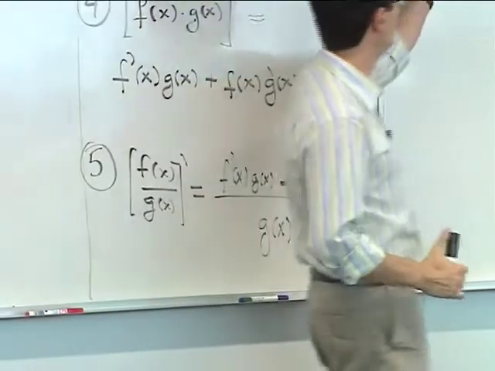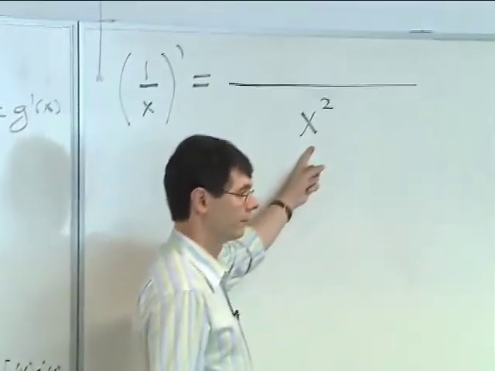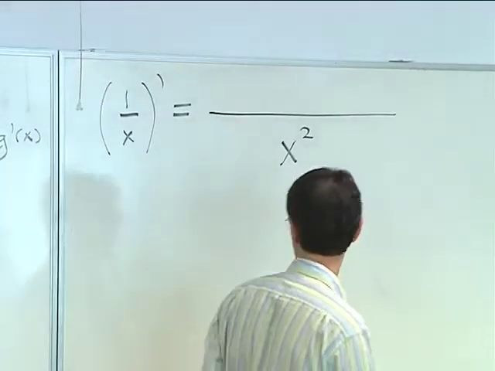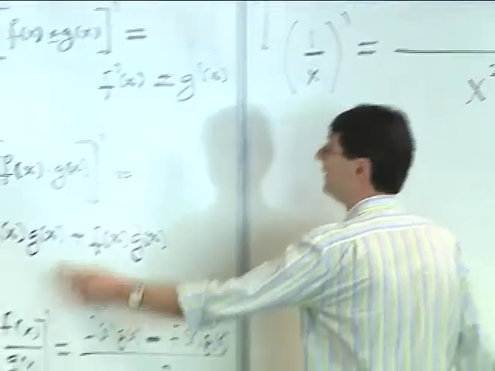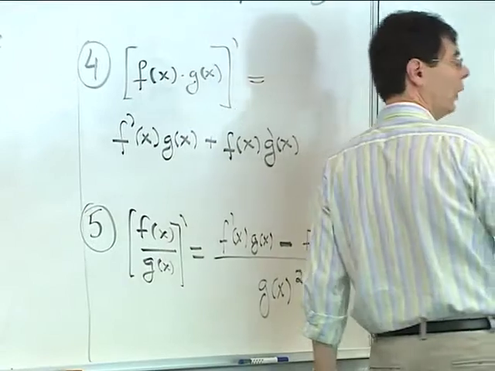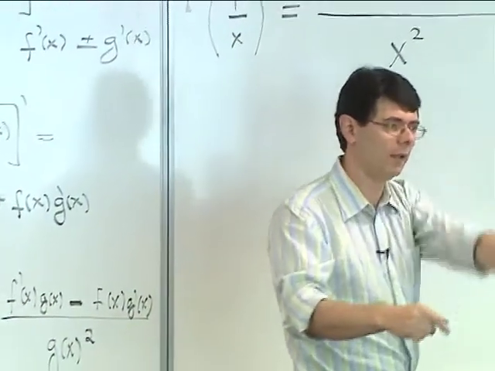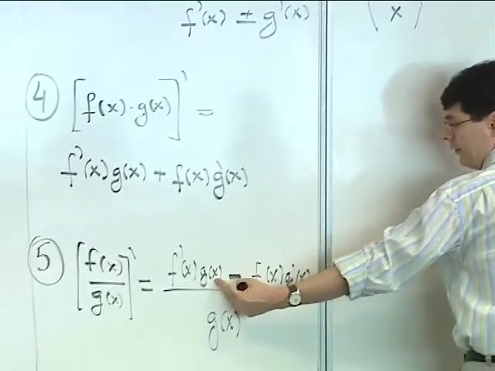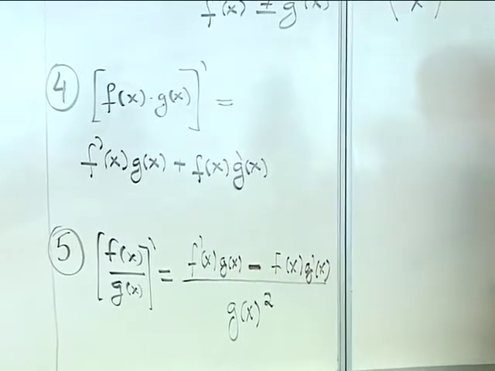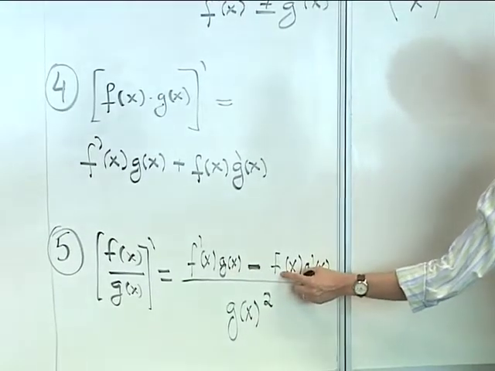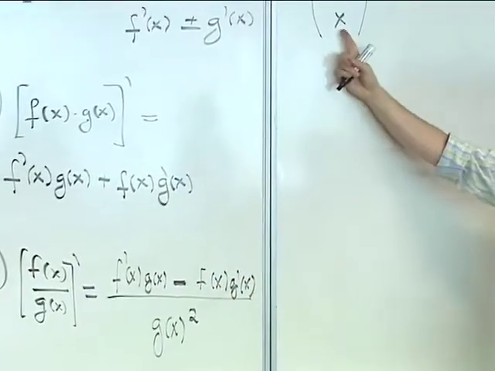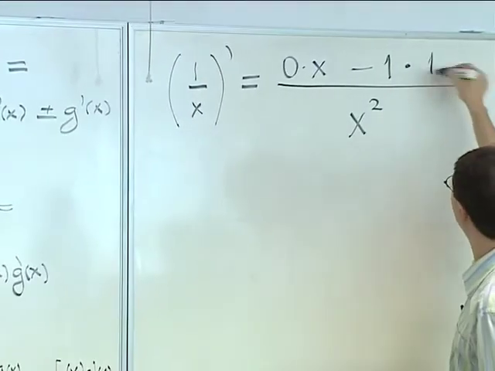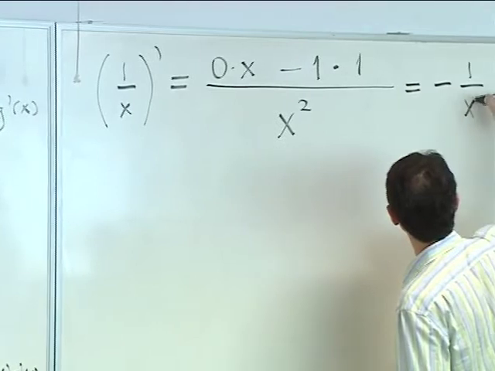So whatever is in the denominator, I just go there and square it. And now bother with the numerator. The derivative of the guy that's at the top, the derivative of 1. 1 is a constant. The derivative of a constant, 0. So it's 0 times x, take away the guy in the numerator multiplied by the derivative of the denominator. The derivative of x is 1. So this is negative 1 on x squared.